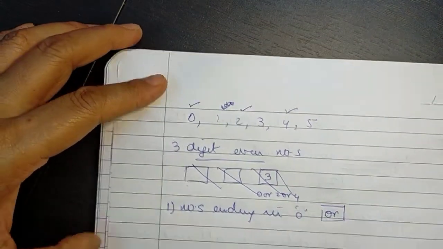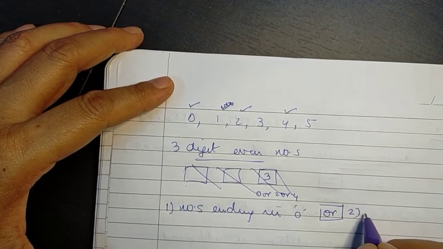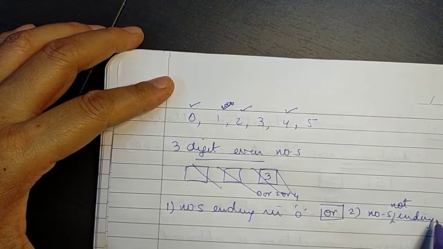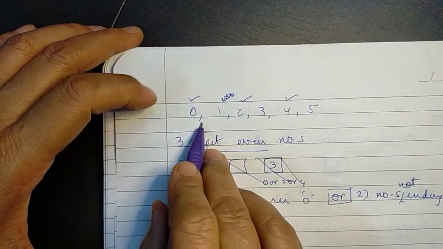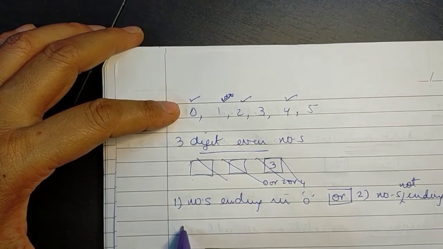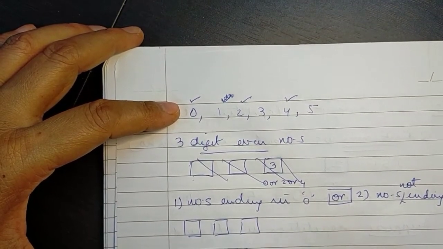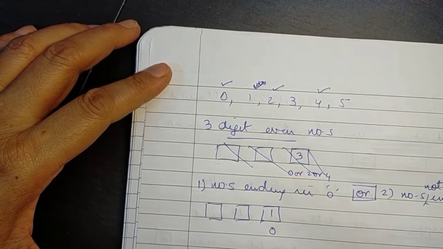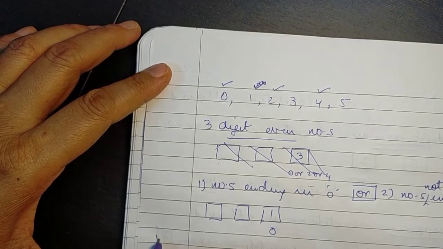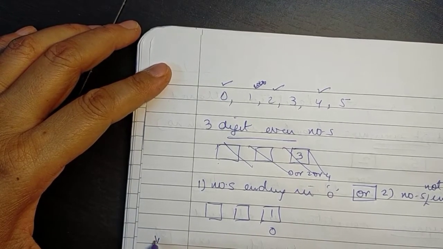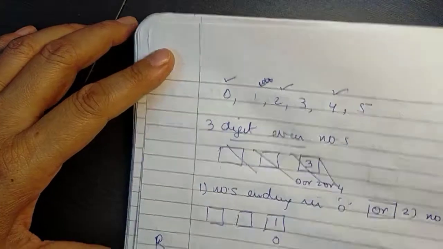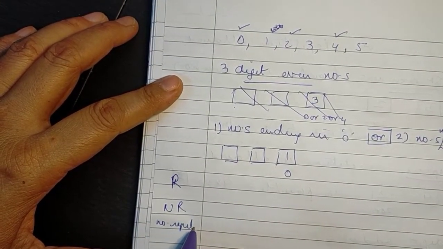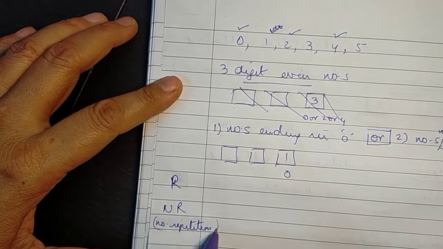Second could be numbers not ending in 0, because 0 is also an even number. Numbers ending in 0 will have only one option in the last position. Now again, let me write repetition as R and no repetition as NR, so that I don't have to write the complete words.